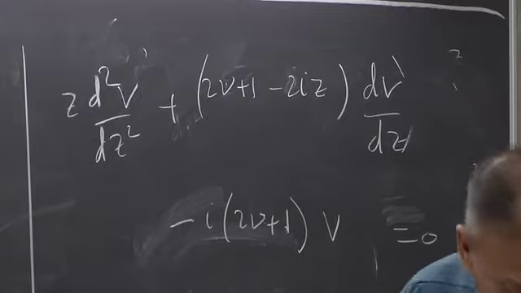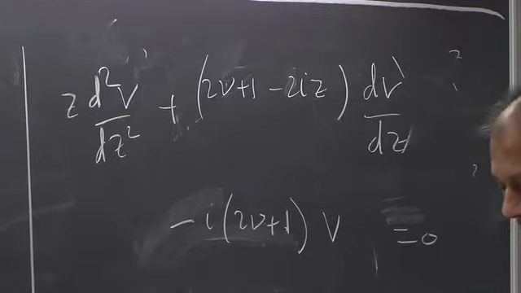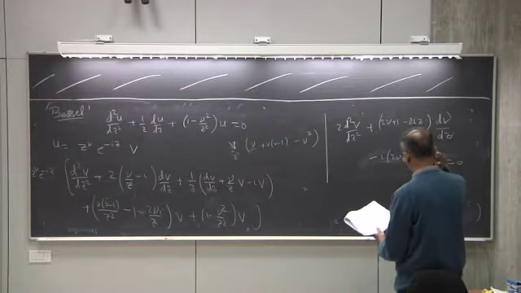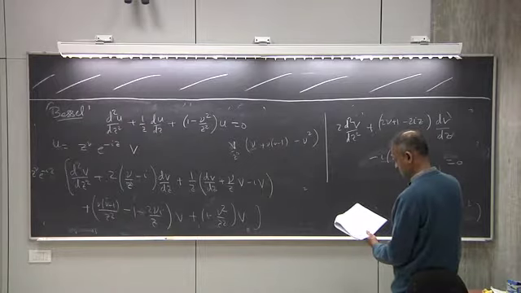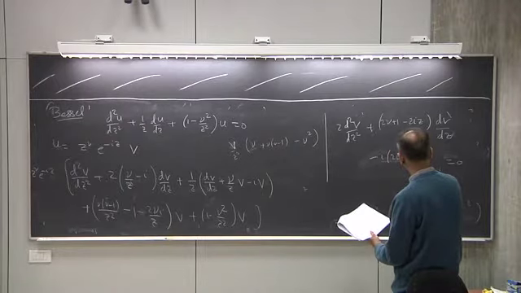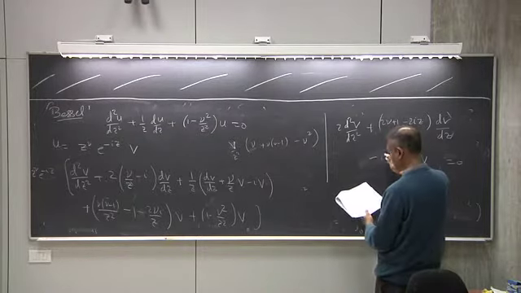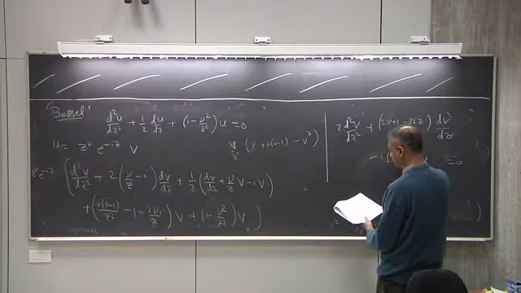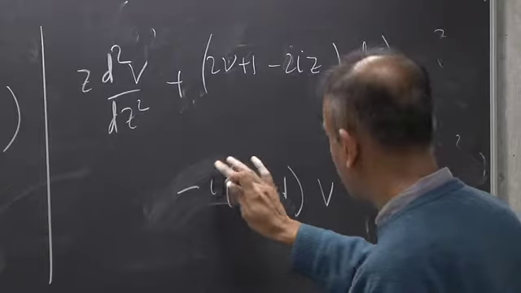And let me see, to identify it exactly, I should be able to absorb this i. So this one. Yeah, I can absorb. So let me divide by i everywhere. First, let's divide by i.